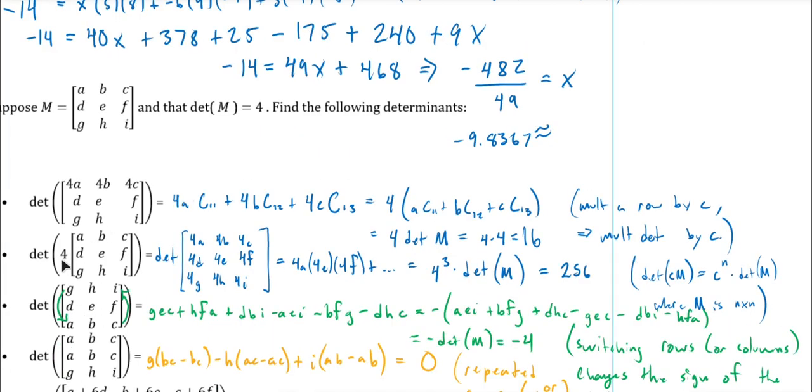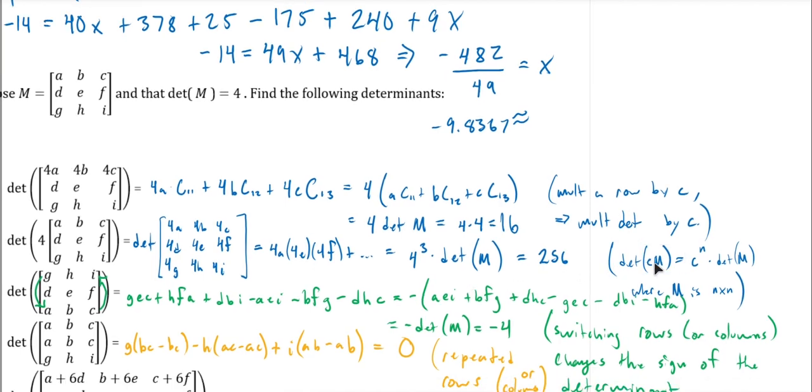On the other hand, if I multiply the entire matrix by 4, that means multiplying each entry by 4. Now, looking at Leibniz's form of the determinant, we could see that there's going to be 3 4s in each entry that we could factor out and then get the original factor of the determinant. That's going to give me 4 to the 4th, or 256, 4 to the 3rd times 4. And what do we see here for the rule?